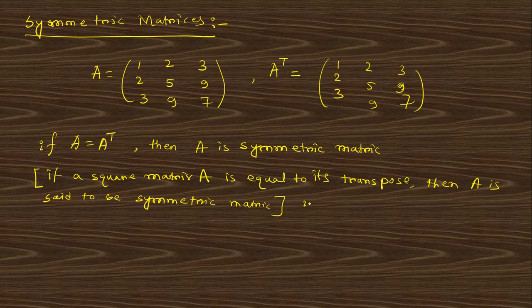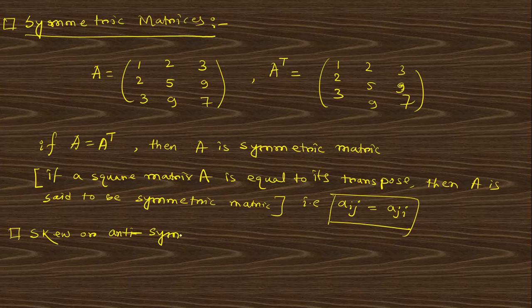In terms of elements, Aij, the element of the ith row and jth column, must be equal to Aji. If this holds, then this is called a symmetric matrix. And what will be the skew symmetry, or anti-symmetry? Skew or anti-symmetric matrix.